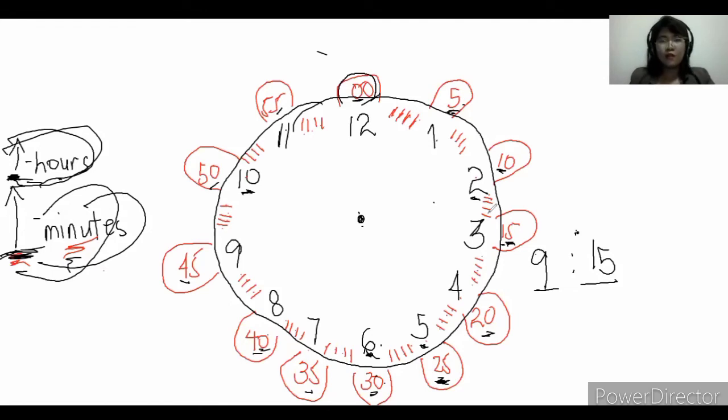Again, 5, 10, 15, 20, 25, 30, 35, 40, 45, 50, 55, o'clock.